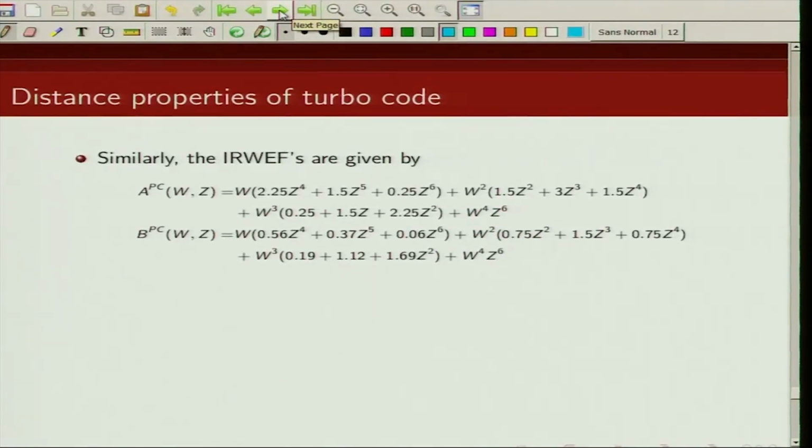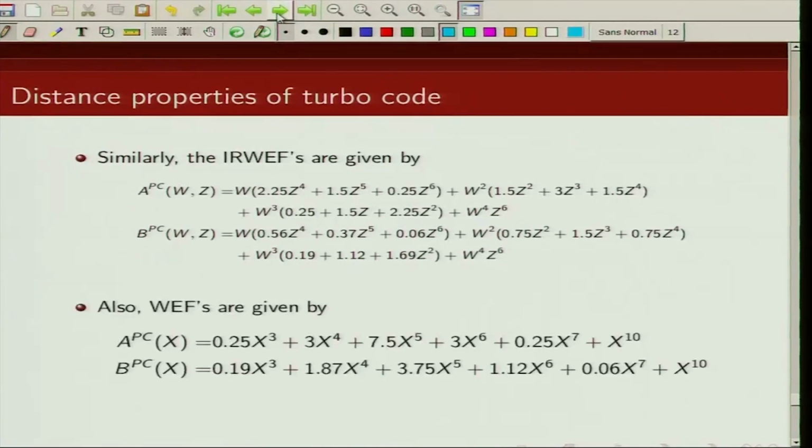And again, following the definition of input redundancy weight enumerating function, we can find the input redundancy weight enumerating function and the bit input redundancy weight enumerating function, which are given by these two expressions. And similarly, if we put w equal to z equal to x, we can get the weight enumerating function and the bit weight enumerating function, which is given by this.